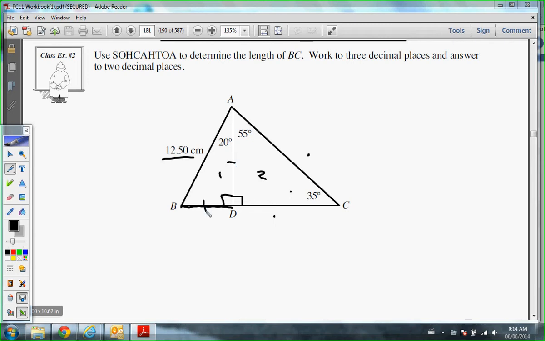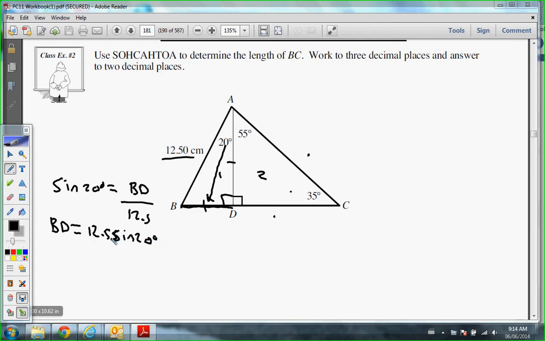So we're going to have to do, first off, let's find BD. So to find BD, I have sine 20 equals BD over 12.5. Opposite over hypotenuse, hypotenuse 12.5. So then BD is going to equal 12.5 times sine 20.